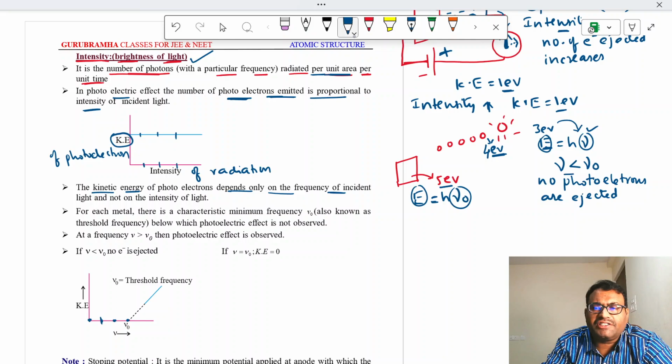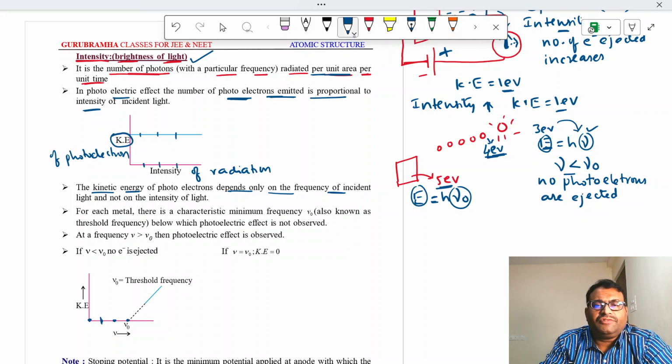The same condition is here again: 4 electron volt, and here we want 5 electron volt. Again the electron does not come out. If the electron does not come out, will it have any kinetic energy? No kinetic energy.